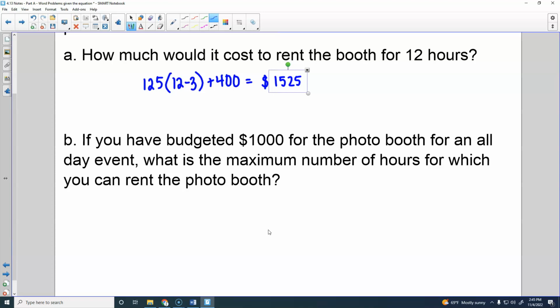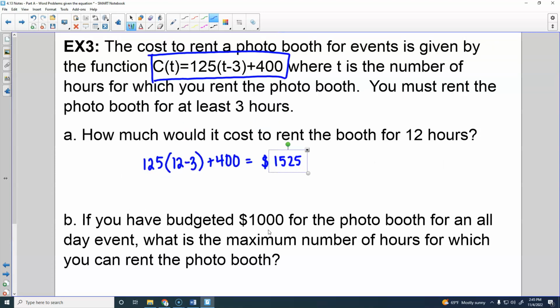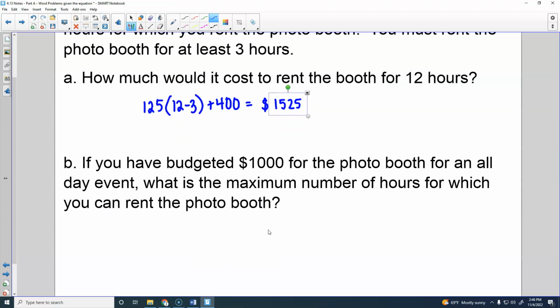It'll depend on the rules of this particular photo booth, which they have not specified here. So let's just go with we can have part of an hour. But there's a chance that they might say it's got to be in 1 hour increments.